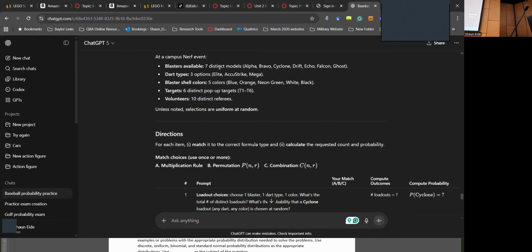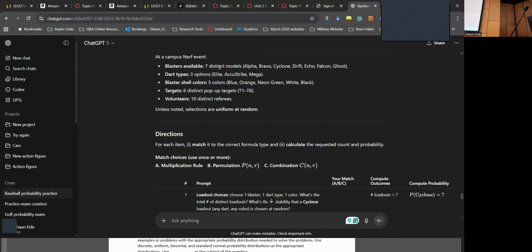What's the probability that a specific loadout, so you choose the cyclone with any of the other things that you wanted? Here they want 1/7. There are 7 blasters, you choose a cyclone, and the other ones don't matter.